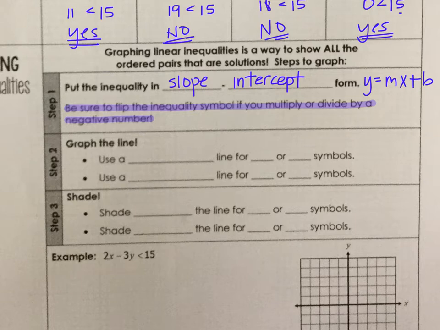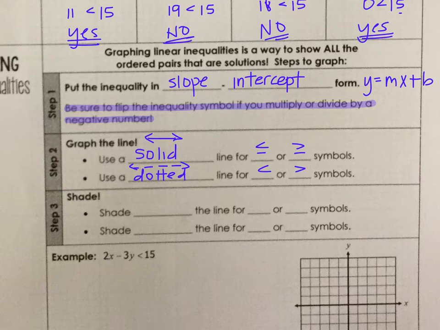So when you draw a line, you can draw a solid line, that's just a normal line, if you have less than or equal to or greater than or equal to. You will use a dotted line if you have less than or greater than.